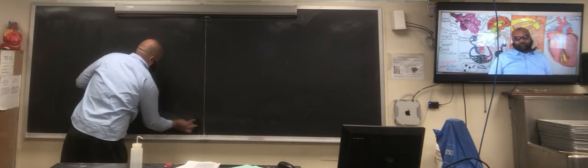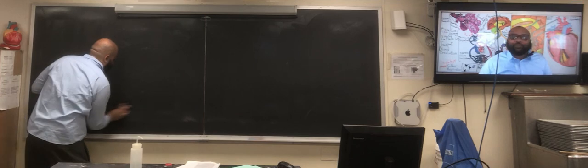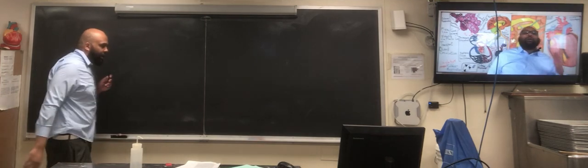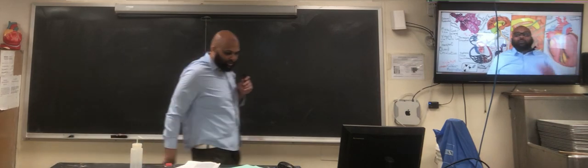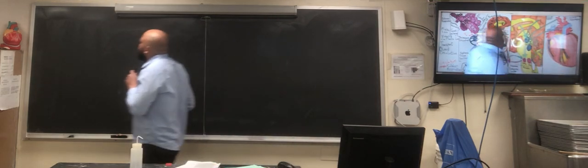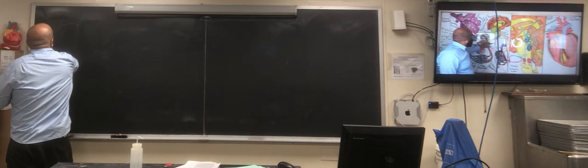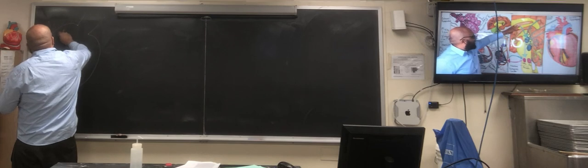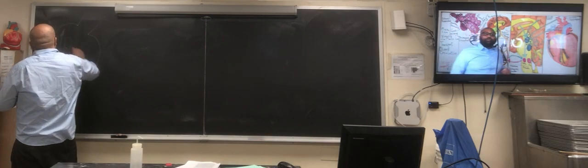Let's now identify the locations where we have our partial pressures. We mentioned initially that in the alveoli you have a high partial pressure of oxygen.